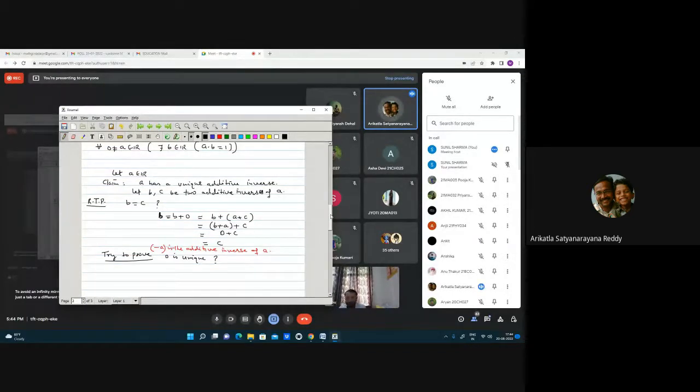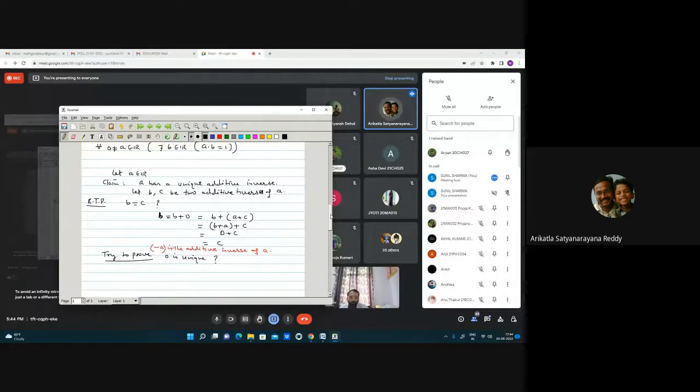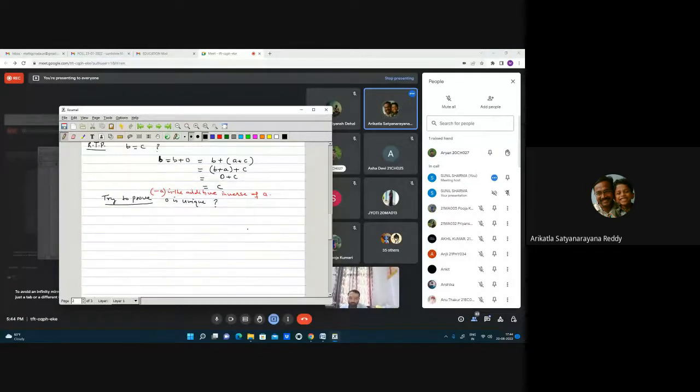So try as an exercise that the multiplicative inverse is also unique. You can prove it. So, discuss the exercise. And how do we denote the multiplicative inverse of A? For a non-zero element, how will you denote it? Yeah, Aryan.